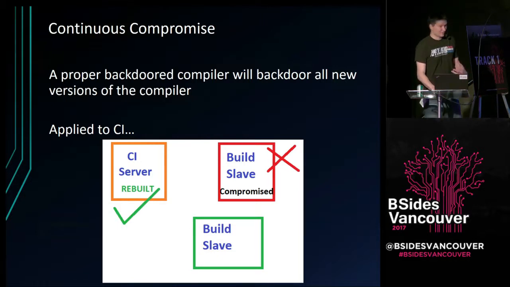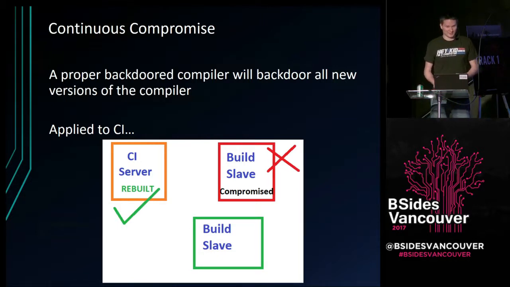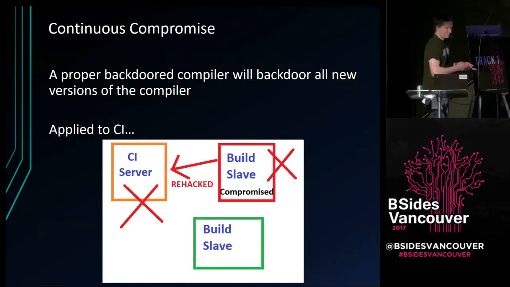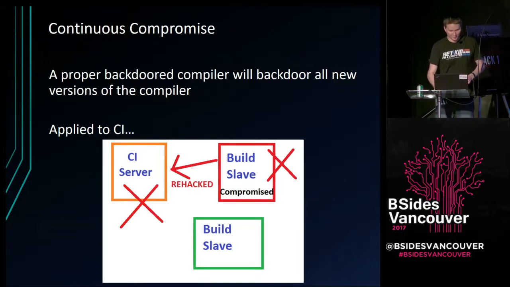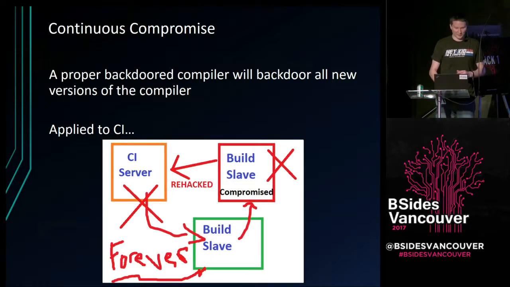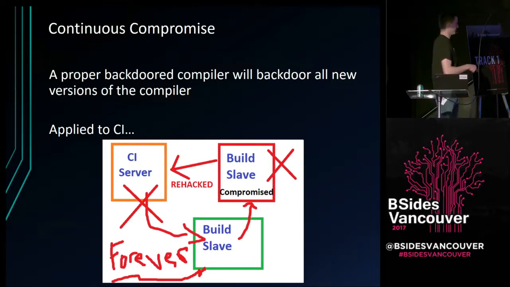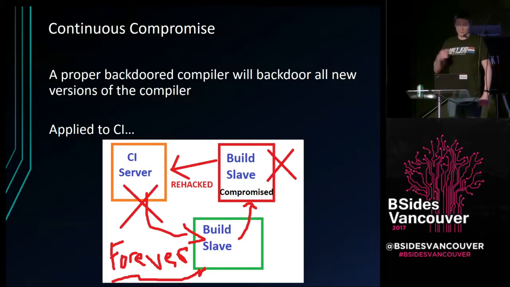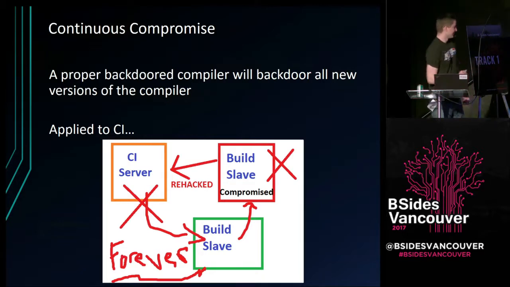But your build slave is anticipating this, and since slaves have some level of permission back to the master, slave checks, is master still compromised? No. So it goes and rehacks the master, and then tells the master, yo, rehack all the other build slaves, and then this cycle just continues forever. Your changes are never pushed down to your build slaves fast enough for them to not rehack the CI server. So I haven't implemented this yet, but I totally want to, so be on the lookout. I'll post some code.